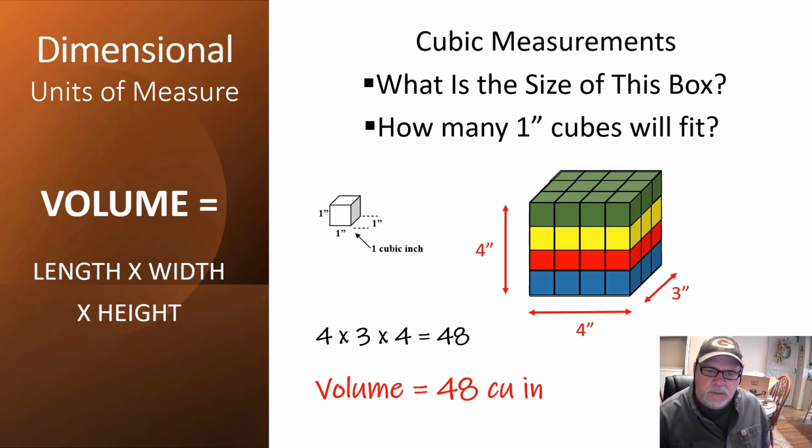This example illustration just lets you see how you measure with those cubes. But you can do the math, just measure and multiply: 4 times 3 times 4 equals 48. So doing the math tells you how many cubes are in that box.